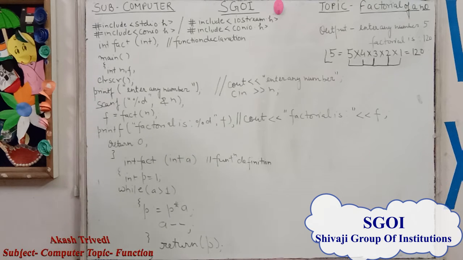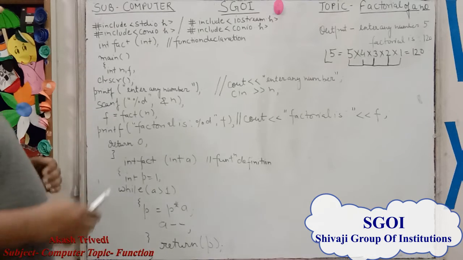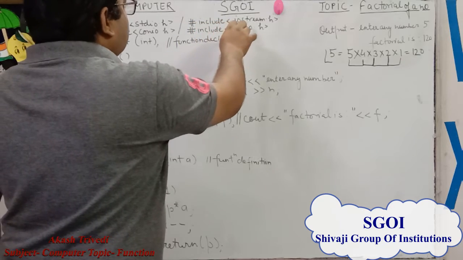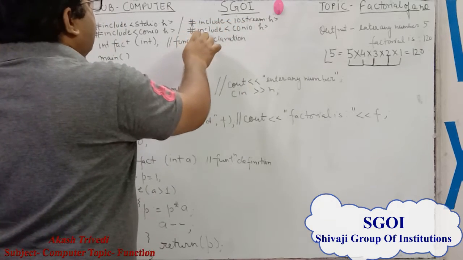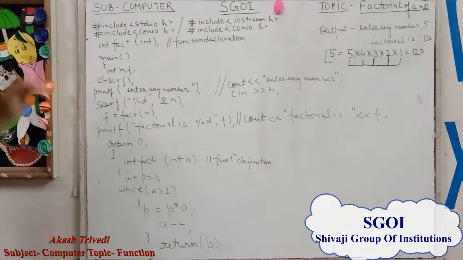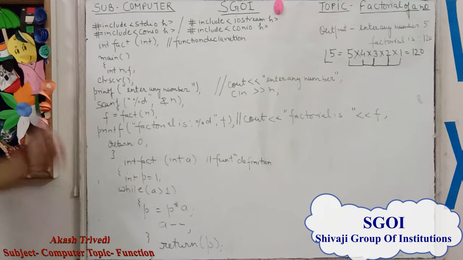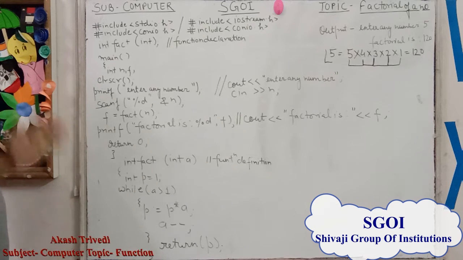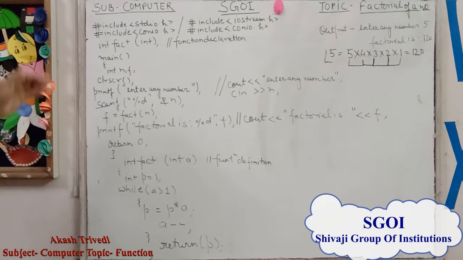If we want to construct a program in C++ programming, then we use #include <iostream.h> and #include <conio.h>. #include is a preprocessor statement which adds the header files to the program. So these header files are very useful.